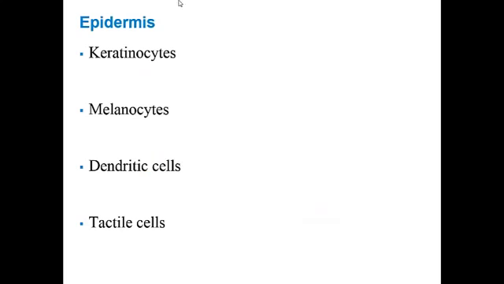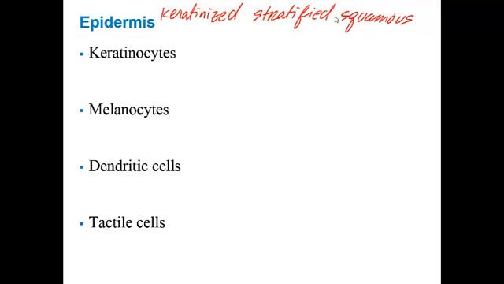So the epidermis is keratinized, stratified, squamous epithelium. So it's many, many layers, and it's also going to have keratinocytes that are going to be producing this tough fibrous protein, which we call keratin.